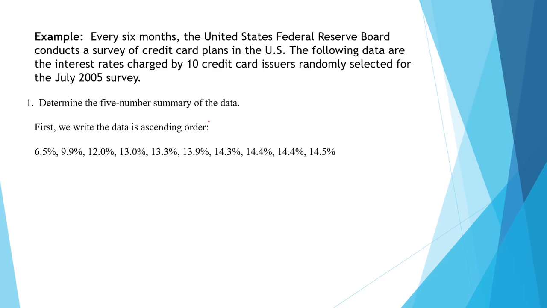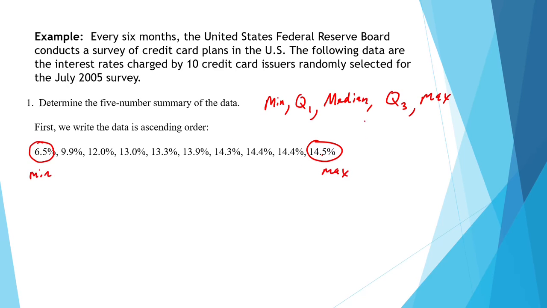Now remember, the 5-number summary is the minimum, Q1, the median, Q3, and the maximum. I always start by looking for the minimum first. That's going to be 6.5%. The maximum is 14.5%. After I find the minimum and the maximum, I always look for the median next. Remember, the median is the number in the middle.